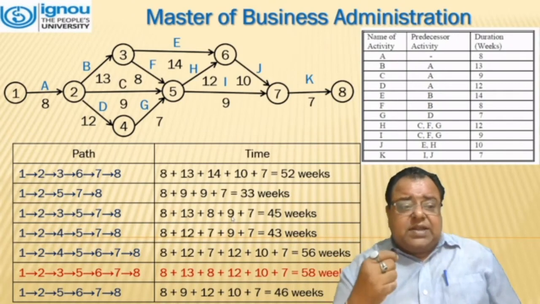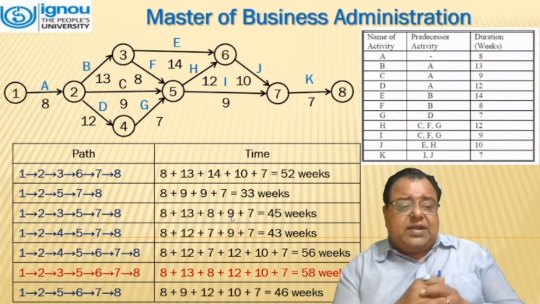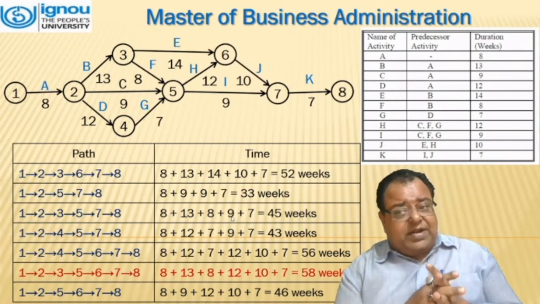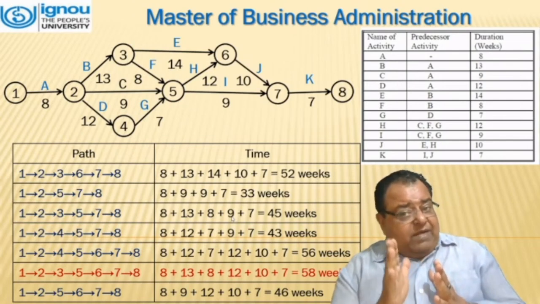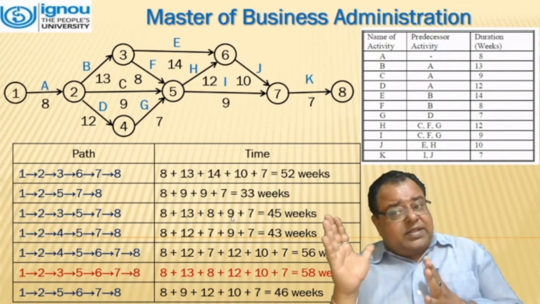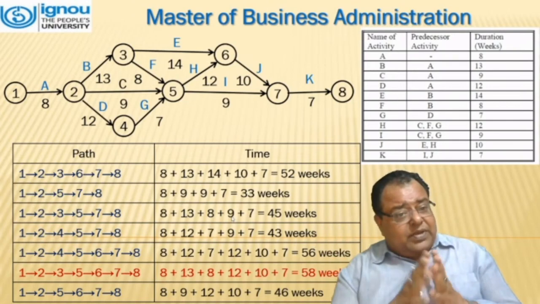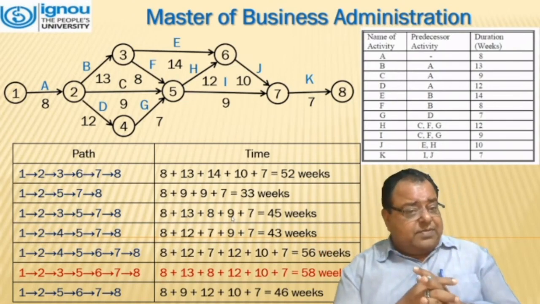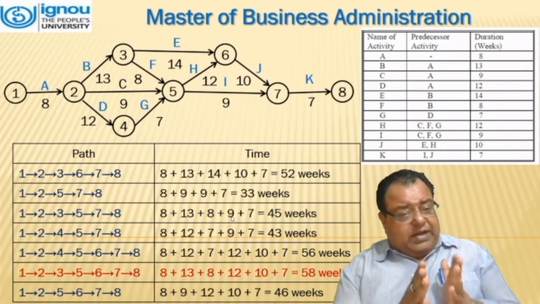Now, you can see that there are some numbers which are written on each activity. So we have to see two things, the name of the activity and its duration, which is given in time. So we will be just placing all these numbers on these activities.